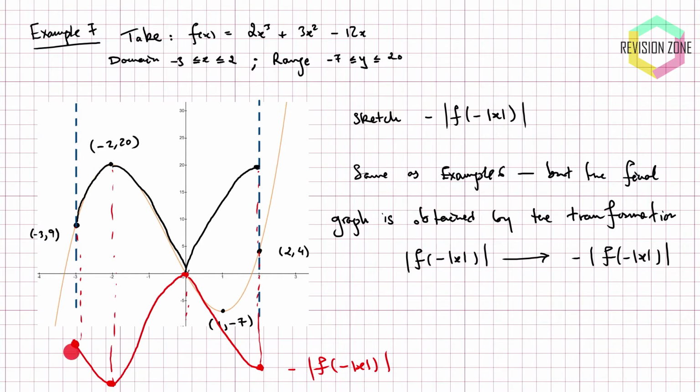This point here, the x value is going to be -3, but the y value is going to be -9. So I can maybe write that in. So it's going to be (-3, -9). So the next point is just going to be (-2, -20). And the last point is basically going to have the same x value as that point, which we know to be 2, so this one has to be (2, -20).